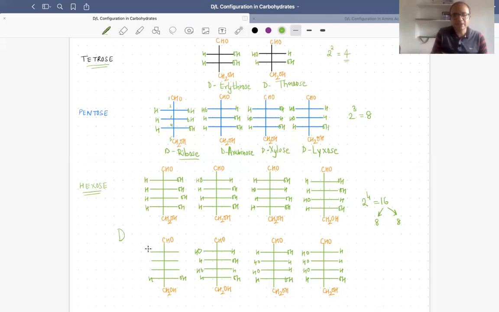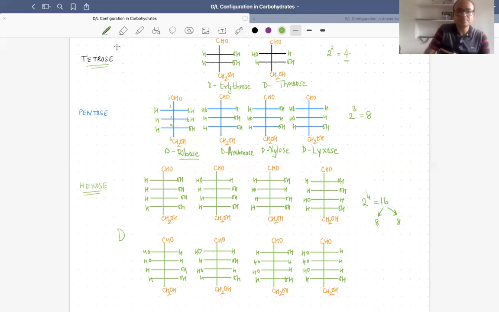Last possibility is keeping the second and third carbon configuration constant, and change this one, H and OH. So if you look now, all of them are pretty different. They are all diastereomers. Not a single one of them is the same.